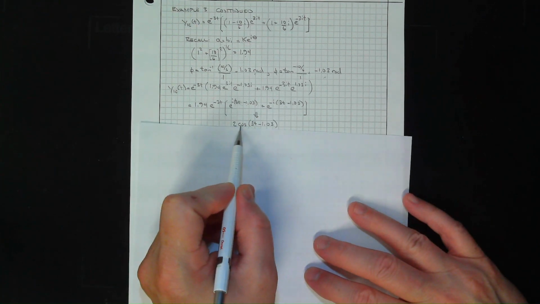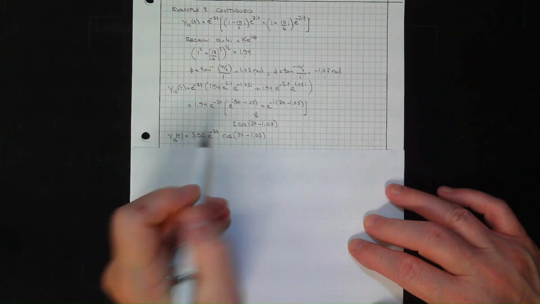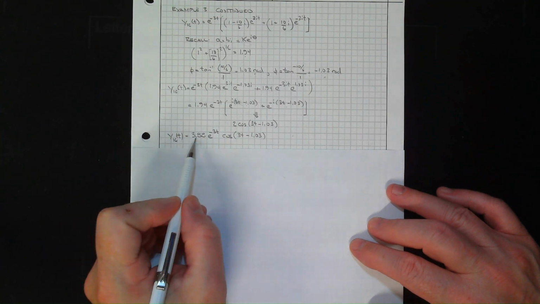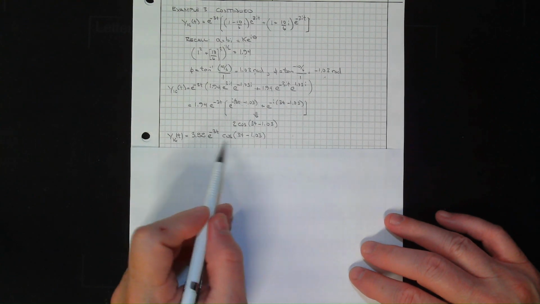So now we have 2 cosine of 3t minus 1.03. You need to follow this. Take some time, study what's happening here. This is very important. Well, now we have that. We can simply take this 2, bring that out here. We have 3.88 e to the minus 3t and a cosine. A much easier way of writing this than dealing with all those i's.